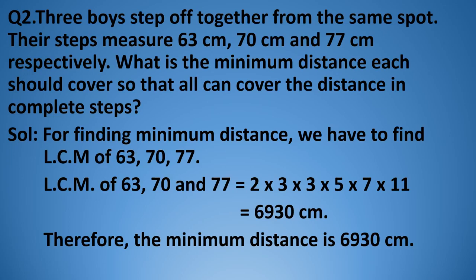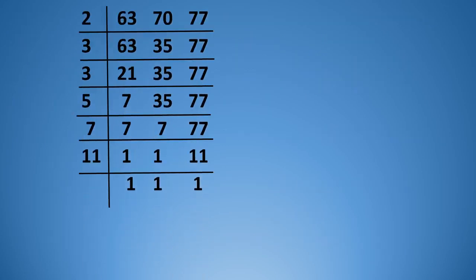So this is the minimum distance that each should cover so that all can cover the distance in complete steps. Now see, here is the working of the LCM, how I found the LCM of 63, 70 and 77 by the division method.